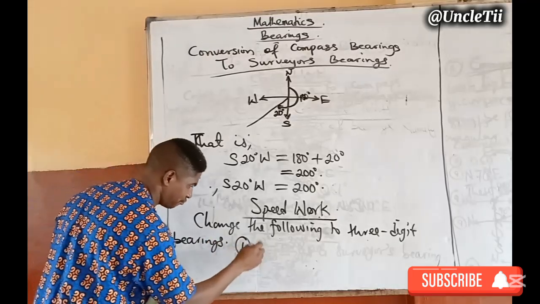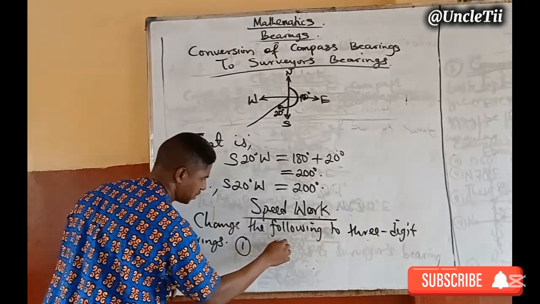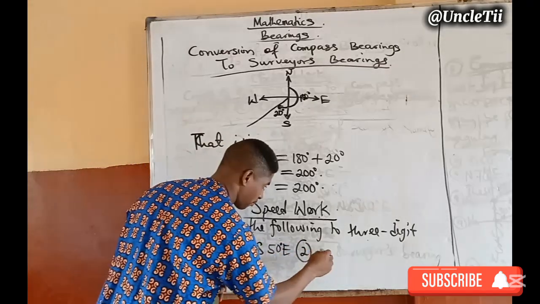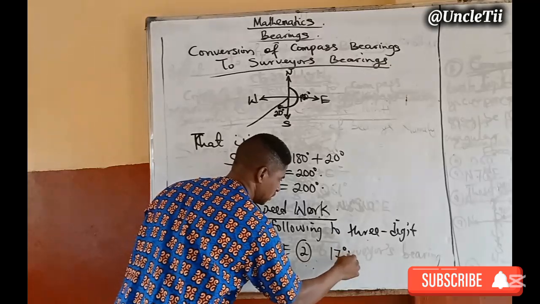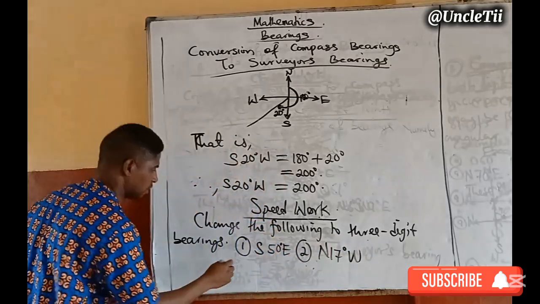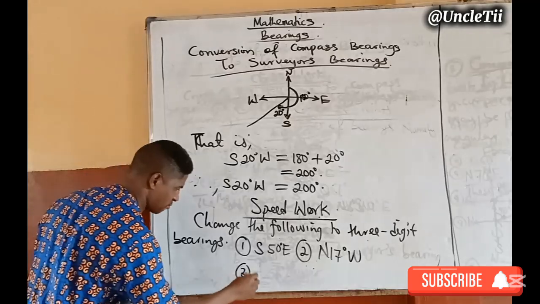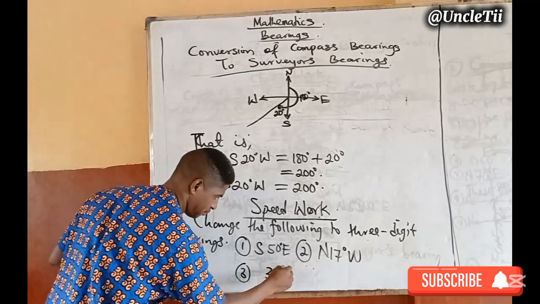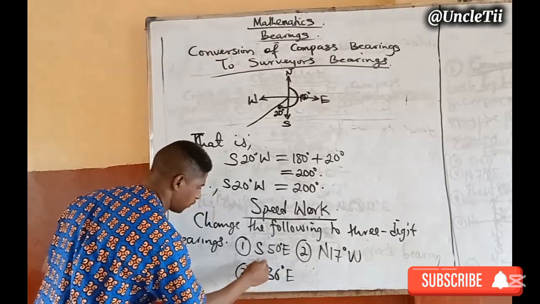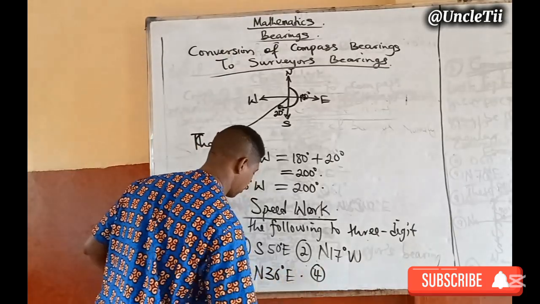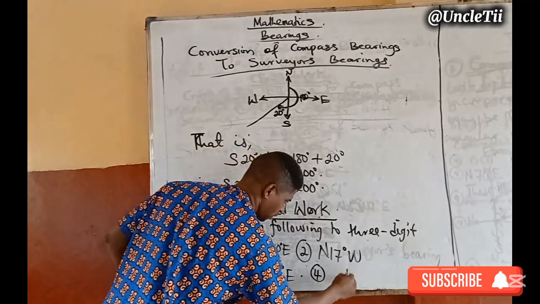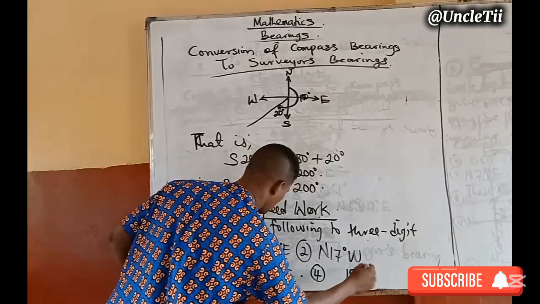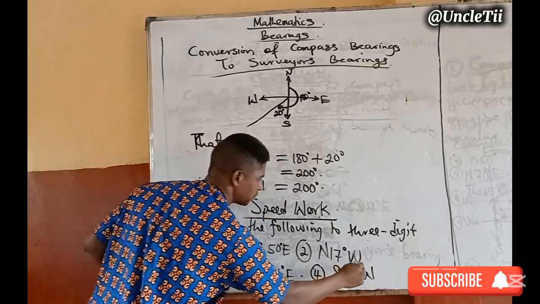Number 1, 50 degrees east of south. Number 2, 17 degrees west of north. Number 3, 36 degrees east of north. And finally, number 4, 15 degrees west of south.